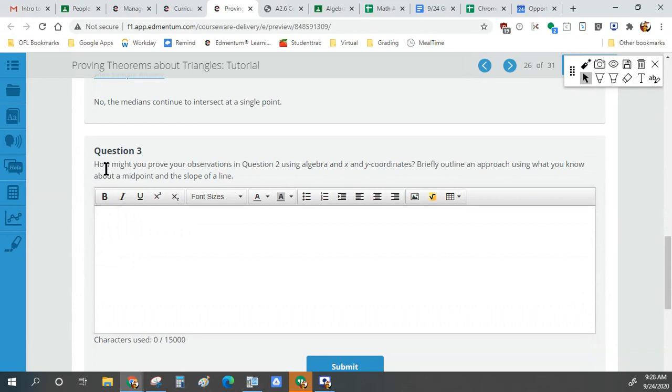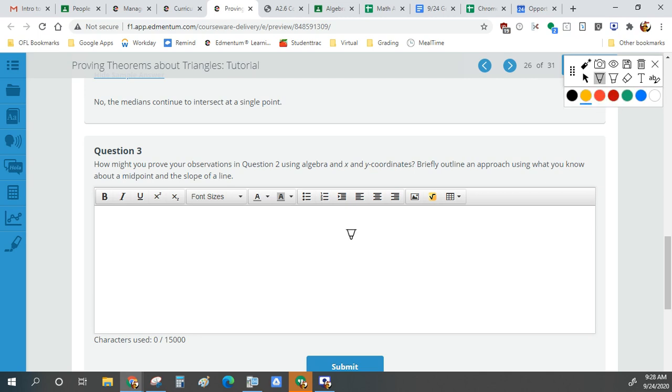How might you prove your observations using algebra, given this brief outline? Ooh, gosh. How am I going to prove this using algebra? I feel like they're getting way too specific when they want you to use algebra.